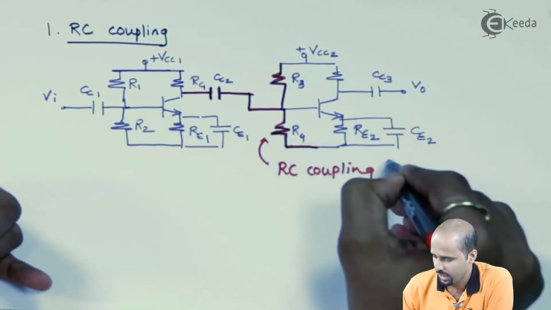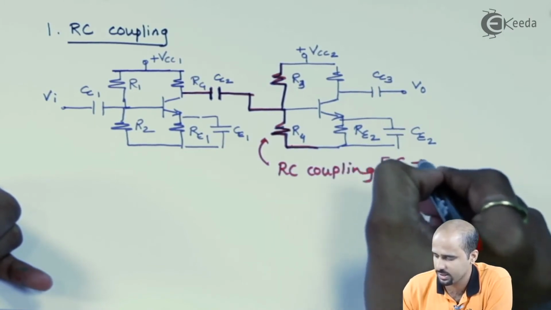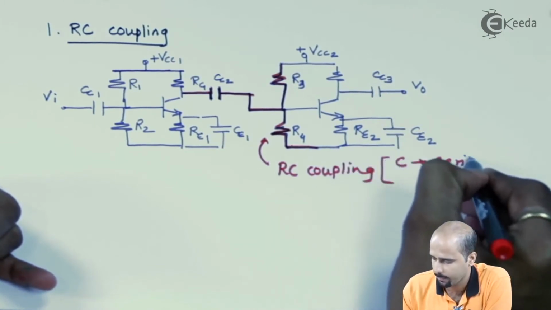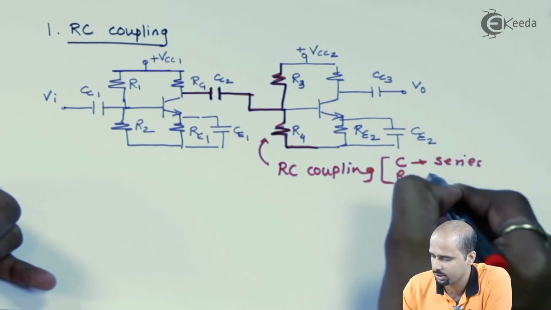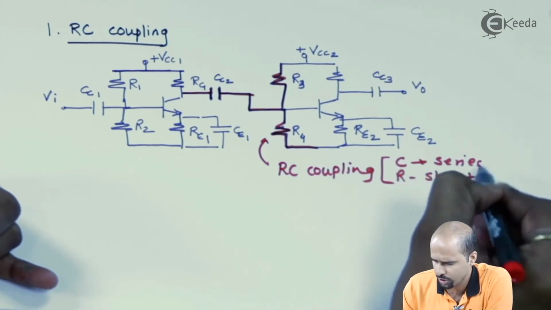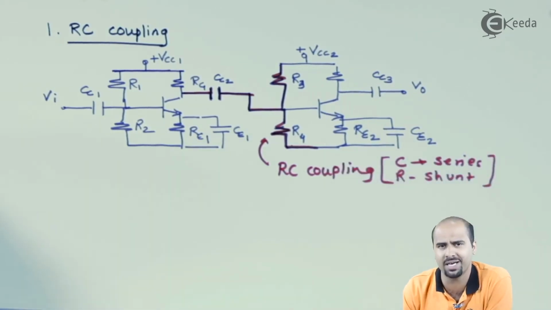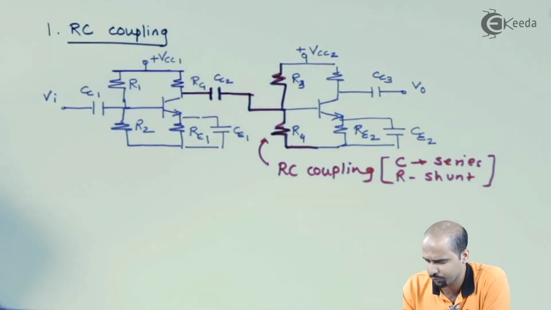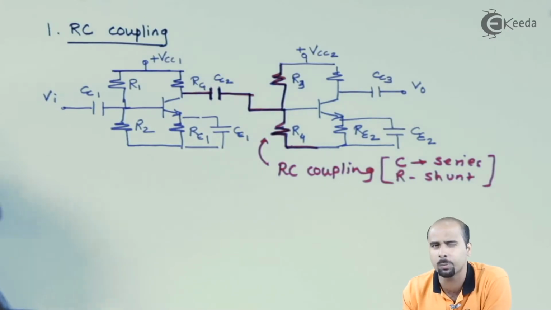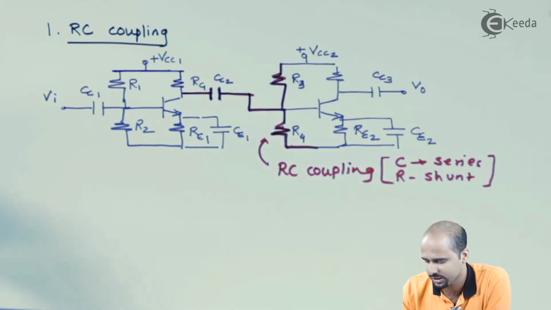So in RC coupling, C is in series and R is in shunt. You can have any configuration and any biasing type. Here I have drawn a voltage divider, a more sophisticated type, because it gives more stability than other biasing techniques. R3 parallel R4 in shunt and CC2 in series form the coupling between the first stage and the second stage.